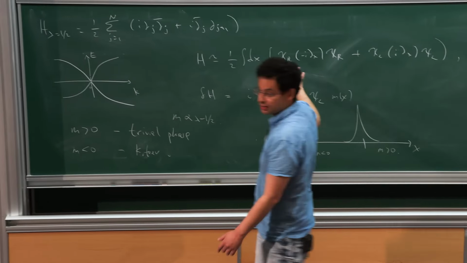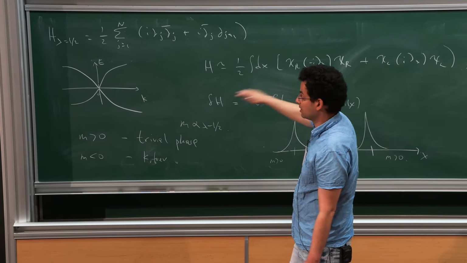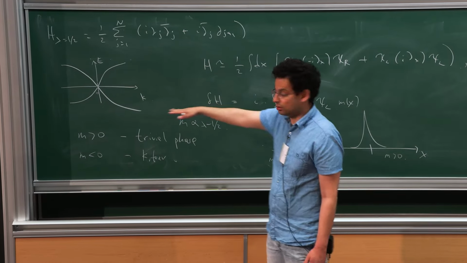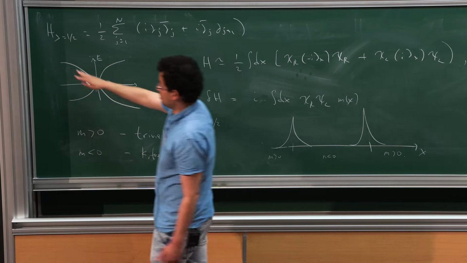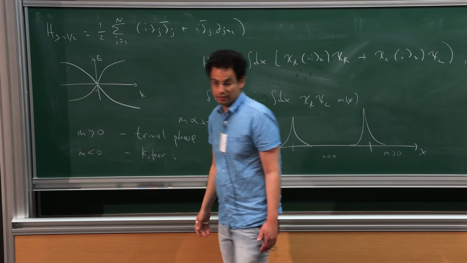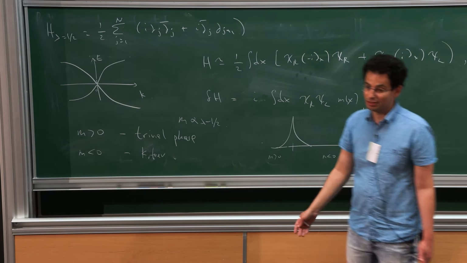First of all, this is the continuum limit, the limit when lambda is close to a half, but you can solve this problem exactly for any value of lambda, because it's just a free fermion problem.